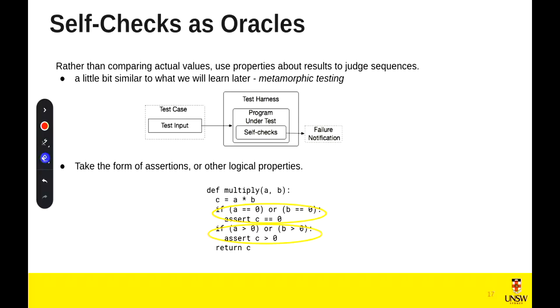We just use some general properties, and the program could still end up in error even if it reports no error during self-checks. But we are sacrificing precision for generality. So this is like a trade-off here.